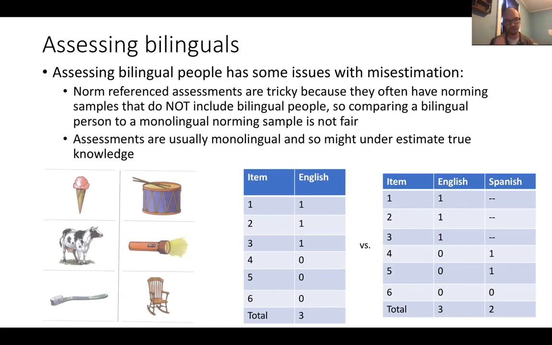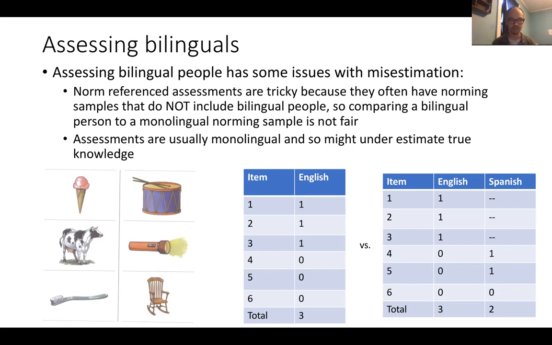And the other, of course, relating to the common underlying proficiency is that assessments are usually monolingual and they might underestimate true knowledge. So here's an example of the Woodcock-Munoz vocabulary test. And so kids are expected to look at this array of pictures on the left. And the question is, you point to the ice cream cone and you say, what is this? And the student is supposed to say ice cream. And you point to the drum and you say, what is this?